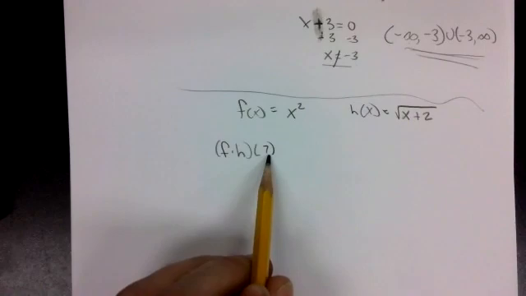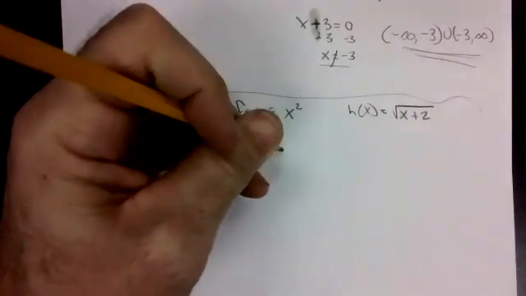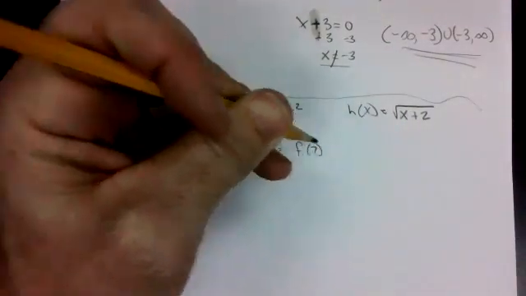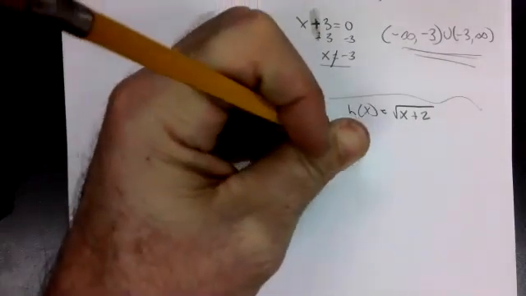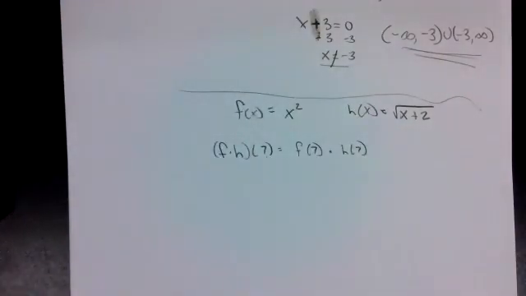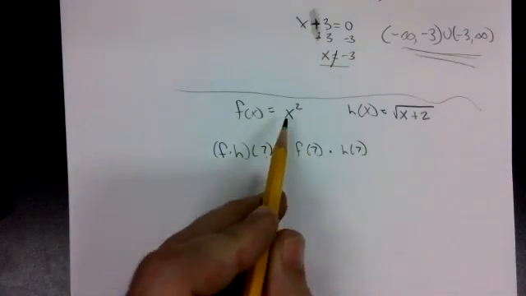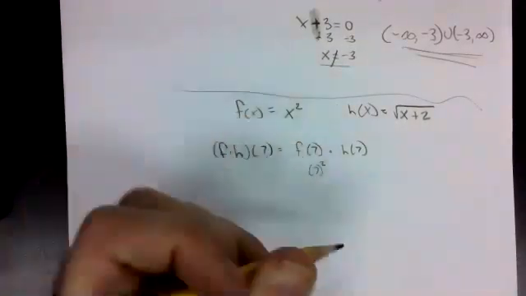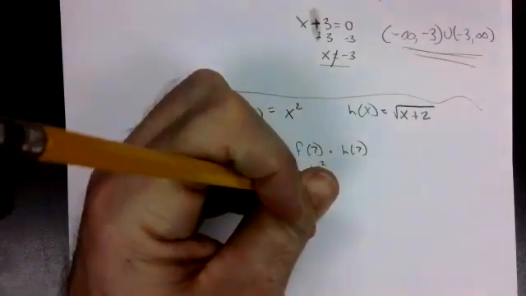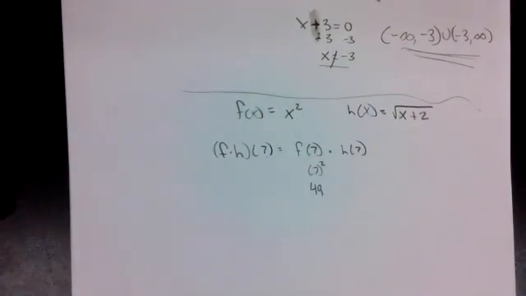So again, specific, anytime they give you a number, they're asking you to plug that number in. So this is the f of 7 times h of 7. Plug our 7 into the f function, 7 squared, 49.